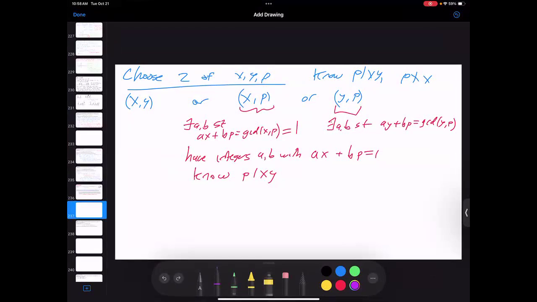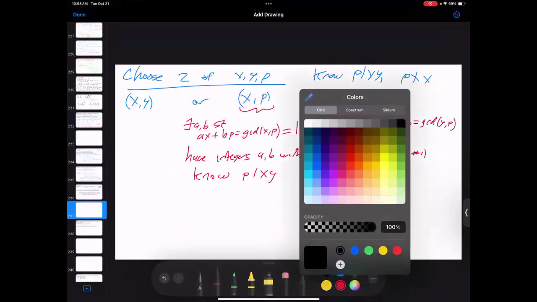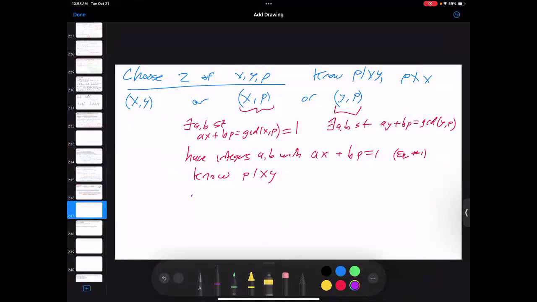Multiply by Y. So we'll call this equation number 1. Multiply equation number 1 by Y, and that gives you now AXY plus BPY equals Y.